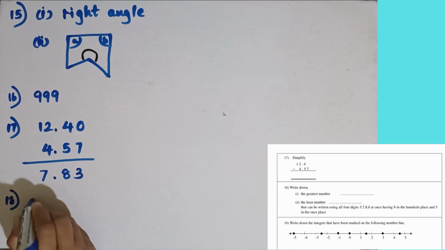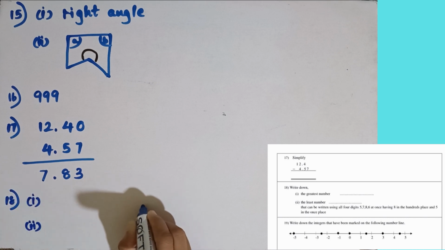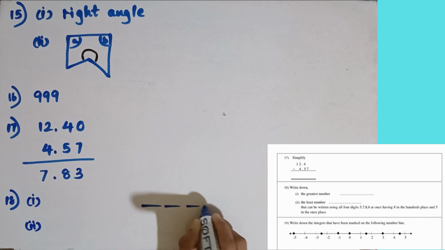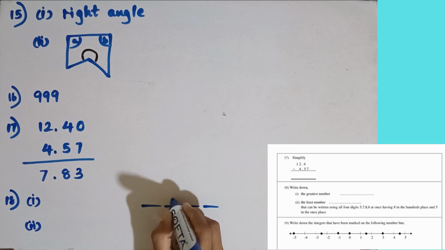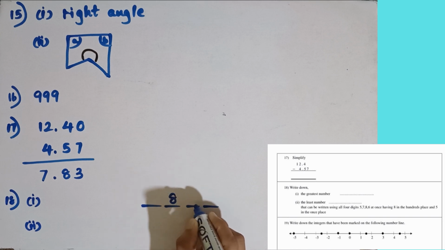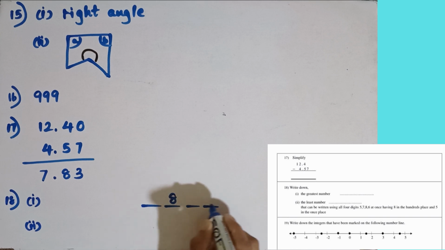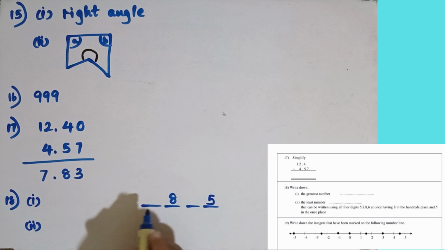These two are with 4 digits. The hundreds place should be 8 and ones place should be 5. Now we have to fill the other 2 digits.